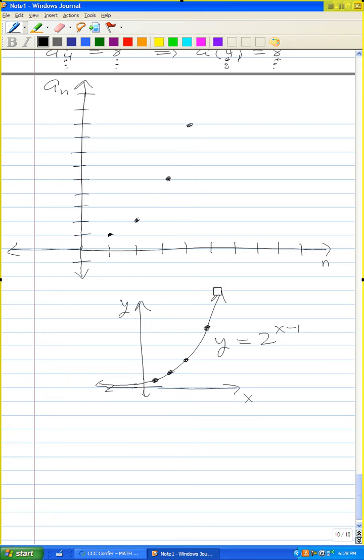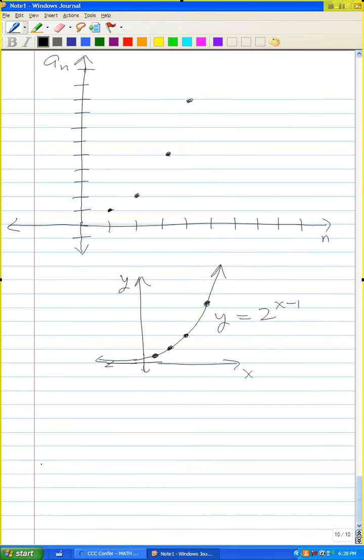It looks like the graph of that function, except we just put in these 4 numbers into that graph. So yes, it would be curved. It'd be growing exponentially.